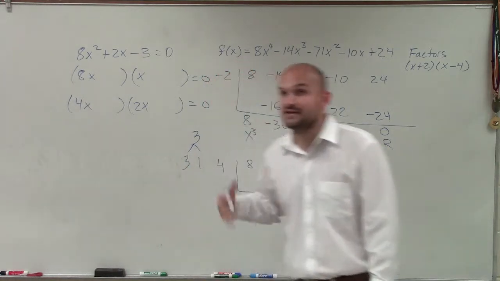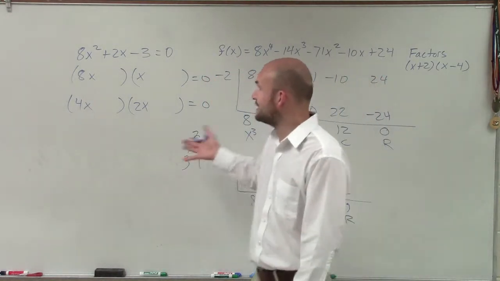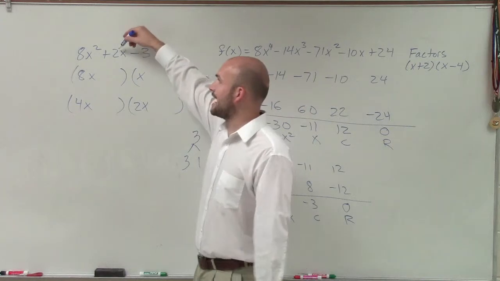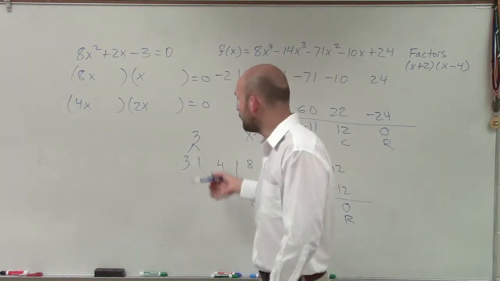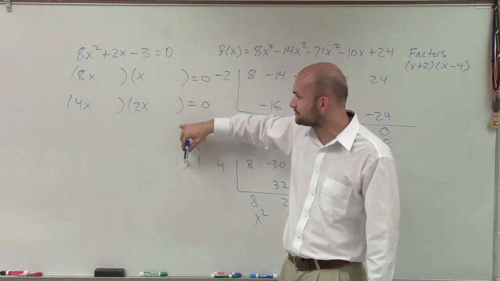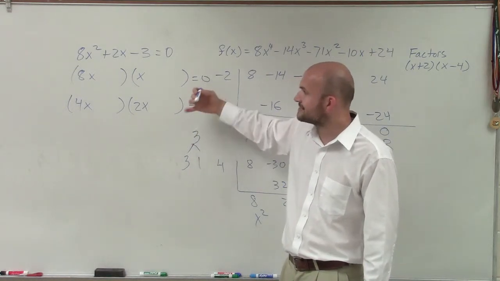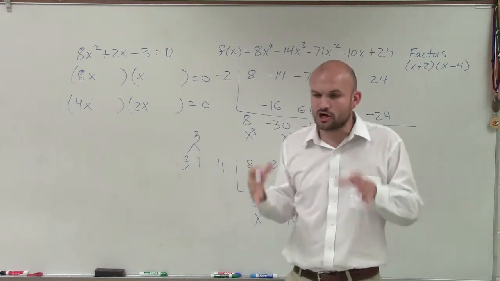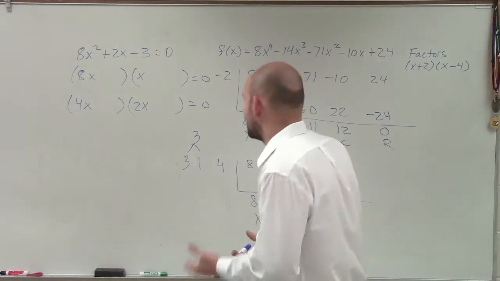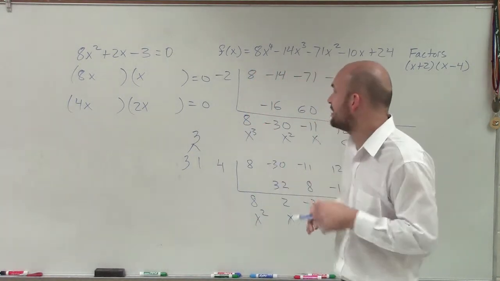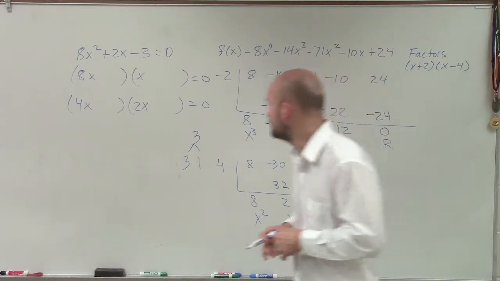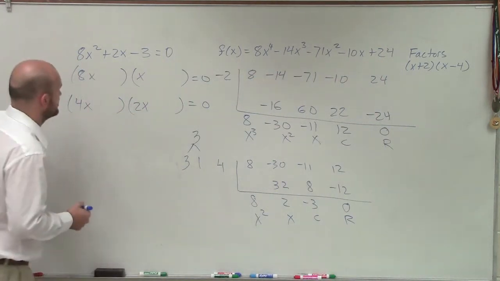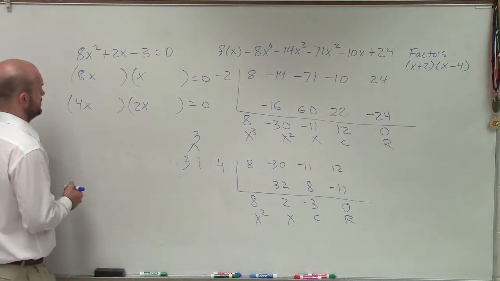So it's either negative 3, positive 1, or it's positive 3, negative 1. However, if we look at our middle term, we notice that the middle term is positive. Therefore, we know that this sum has to be positive. But even by multiplying them, one of my factors actually still could be negative. So let's just plug them in and see if they would work.